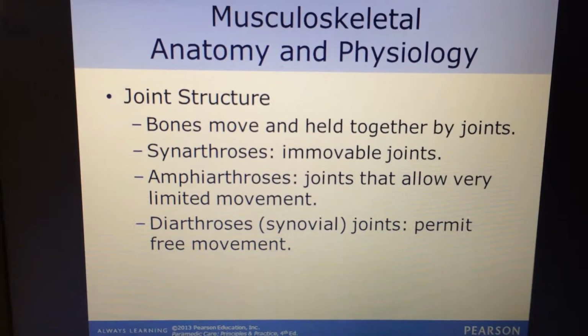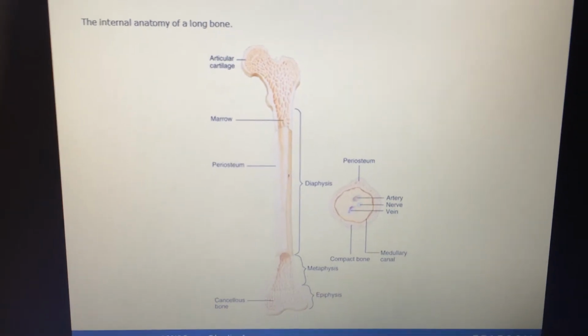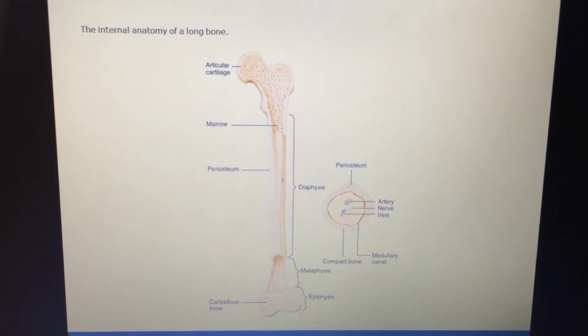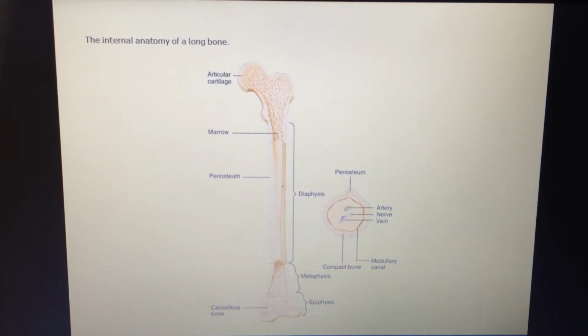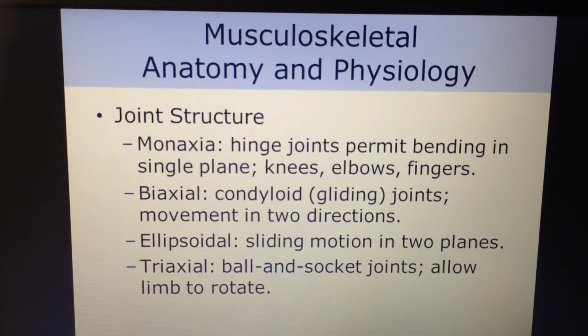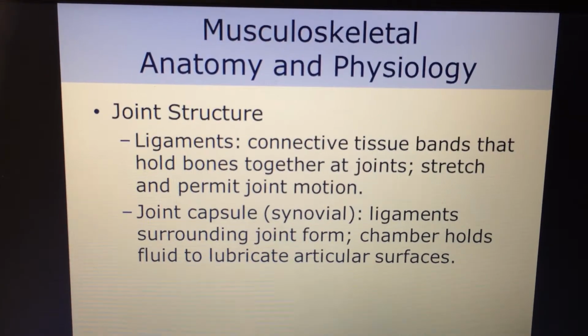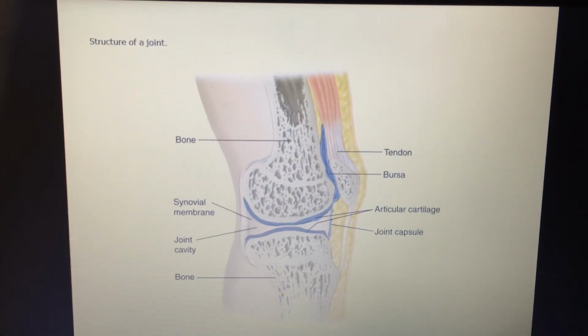I do want you to know, when dealing with fractures, especially on the bones, what type of fractures you're dealing with and blood loss. Type 1 fractures, type 2, type 3 fractures, how much is the associated blood loss, and percentages of blood loss. Those are going to be key concepts. I went over joint structures and the different types of joints out there.